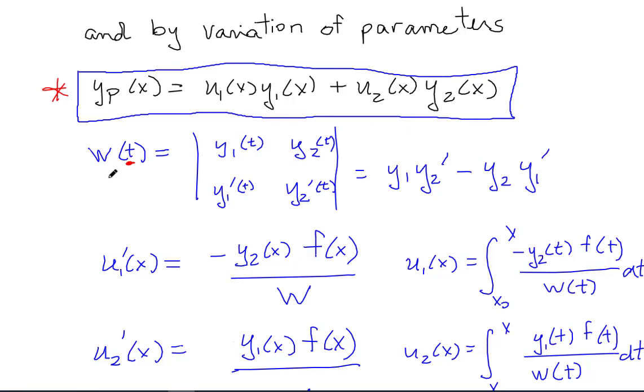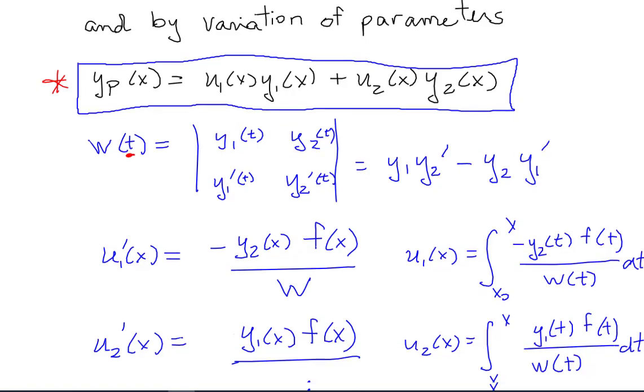We had the Wronskian, which was we took our fundamental solutions, y1 and y2, y1 prime, y2 prime. We did the determinant of it to find, and then we solved to figure out what was u1 prime and u2 prime. And they had these particular formats.